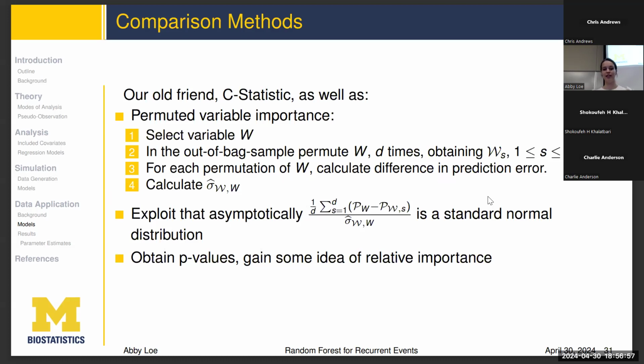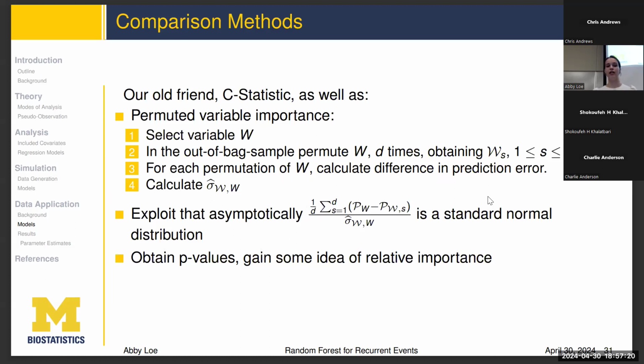And then exploit the fact that asymptotically, these prediction errors have a standard normal distribution. So you can get a type of Wald statistic, which will let us think about the way our random forest is working in comparison to our traditional models that are a little bit more comfortable to think about, if you think about a GEE.